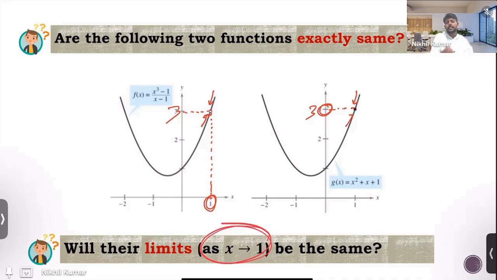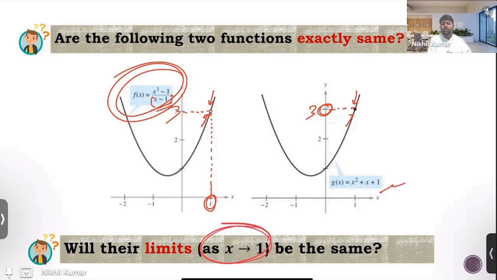The limit is the same. That's why we can simplify this function. We can cancel out the term in the denominator, and we can say that the limit of both these functions is going to be the same. Since we are dealing with limits, that's all we need.